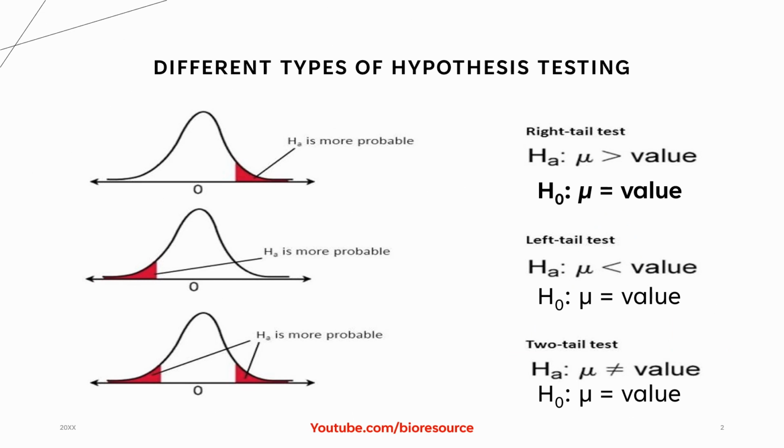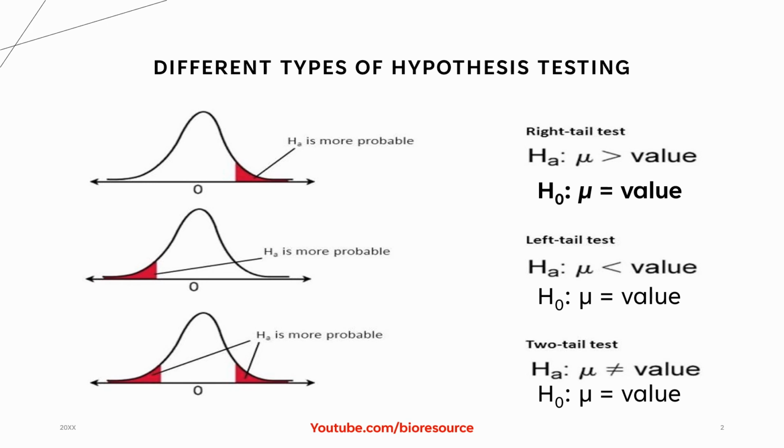As you can see here, we have three scenarios for the right tail test, left tail test, and two tail test. The criteria to use a right tail test is when you have a null hypothesis that the mean is equal to a certain value, and the alternate hypothesis is that the mean is greater than that particular value.